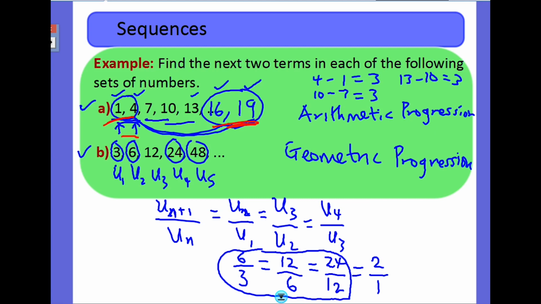When we divide a pair this way, two consecutive terms, a term divided by the previous, 6 over 3, and then 48 over 24, and we find out that the ratios we get are uniform, then we definitely know that this is a common ratio, and that tells you that this sequence is a geometric sequence, or a geometric progression.